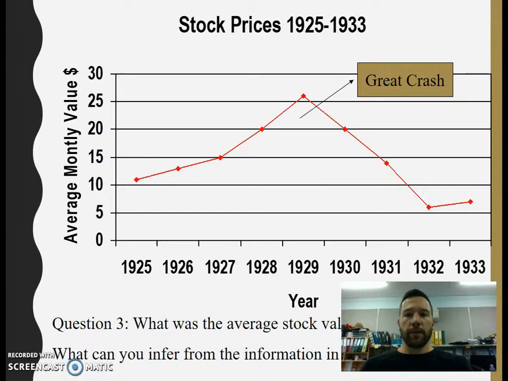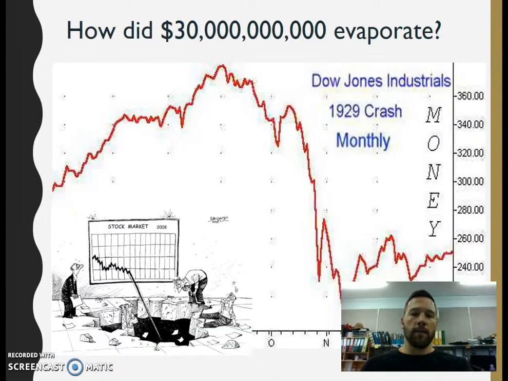And so the Great Crash happened in 1929, and this is a good cartoon that shows exactly how far down it went. $30 billion basically evaporated in the space of a couple of days, and that meant that people who had all of their wealth and money tied up in speculating on the stock market lost it overnight.